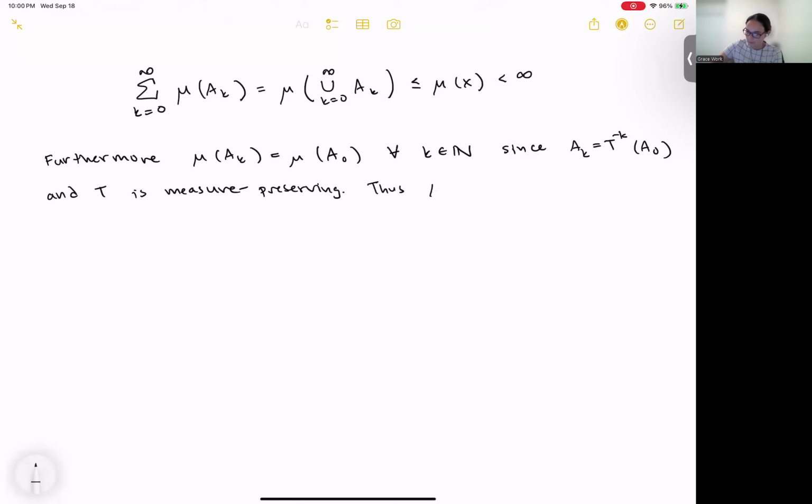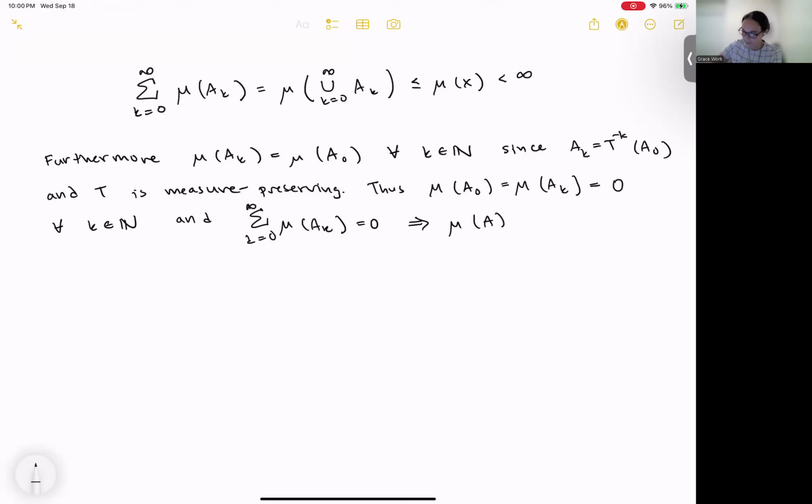Thus, the measure of A0, which is equal to the measure of A sub k, in order for this sum to be finite, when we're adding up an infinite number of things that all have the same measure, all these measures must equal 0 for all k in N, and therefore the sum of all these measures is equal to 0, and thus the measure of A must also be equal to 0.